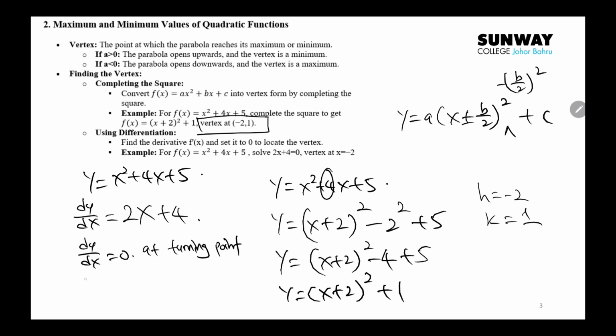So when dy/dx equals 0, 2x plus 4 equals 0, you will be able to solve x equals negative 2. Substitute back into the equation, and you will get y equals positive 1. The second method also allows us to achieve the same result.